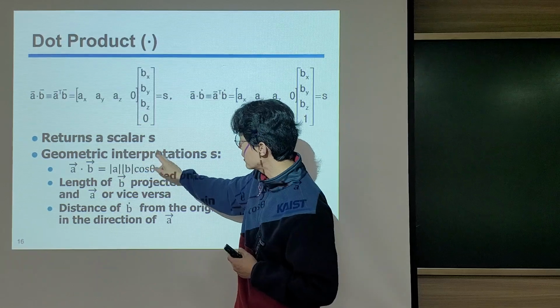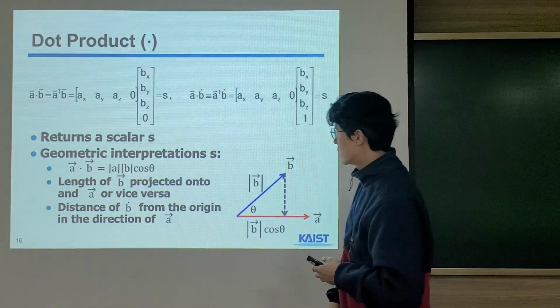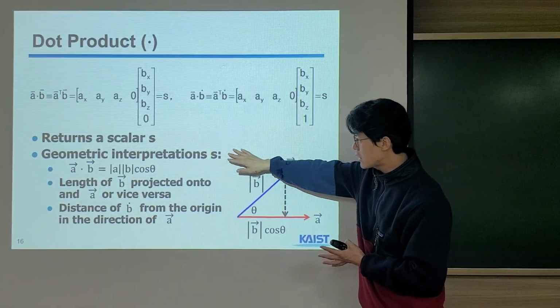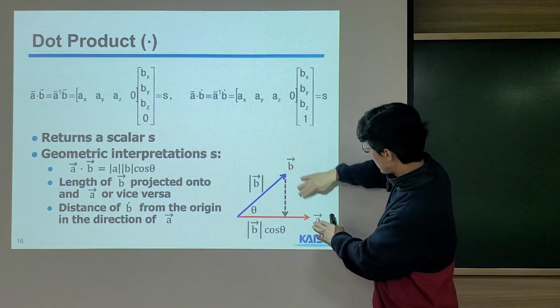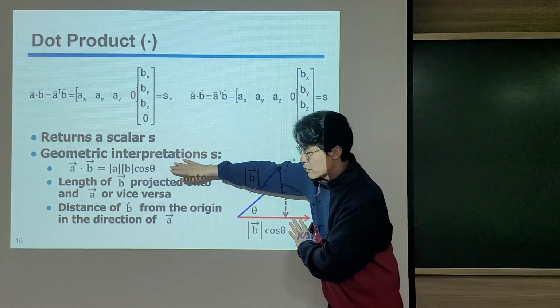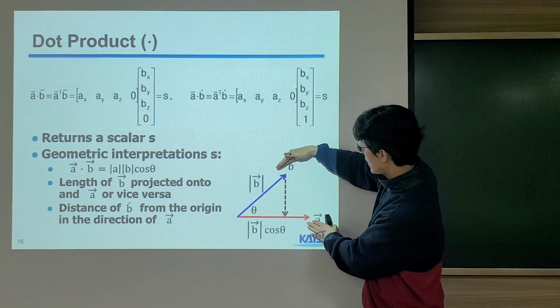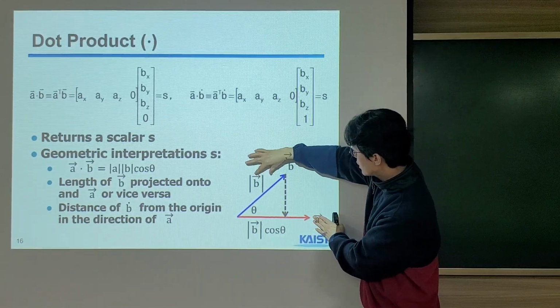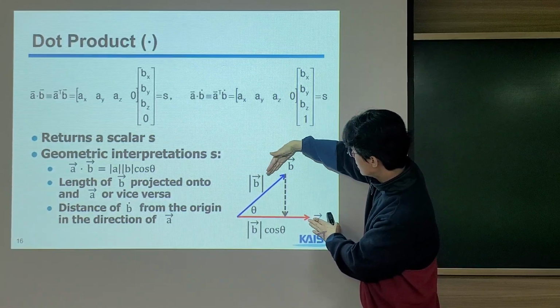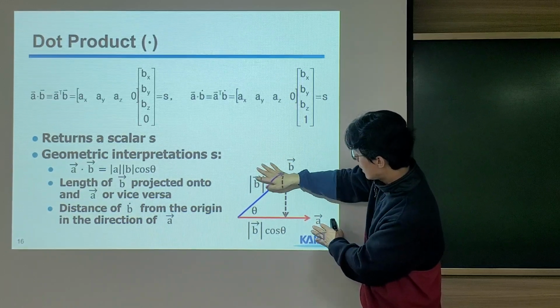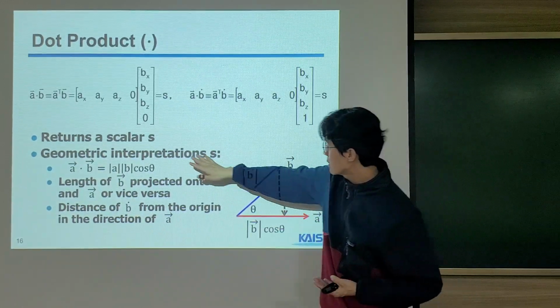Theta is the angle between the two vectors, right? Given vector B and vector A, if we perform the dot product, we compute the magnitude, and then we project this vector on top of the A vector, and then we multiply.